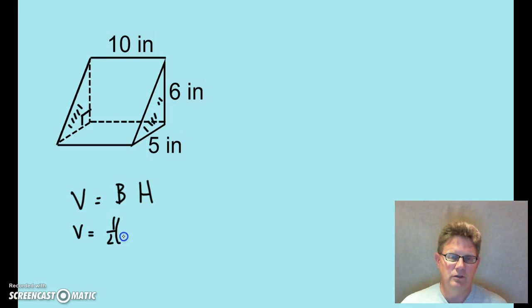The base of the triangle is 5, the height of the triangle is 6, and the height of the prism, the distance between the two triangles, is 10. So the volume is 150 inches cubed.